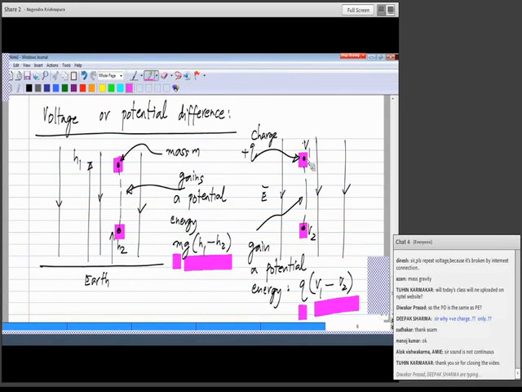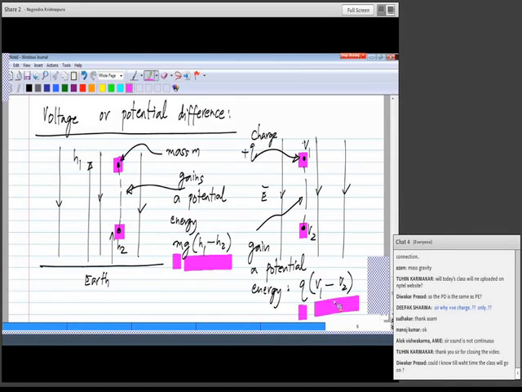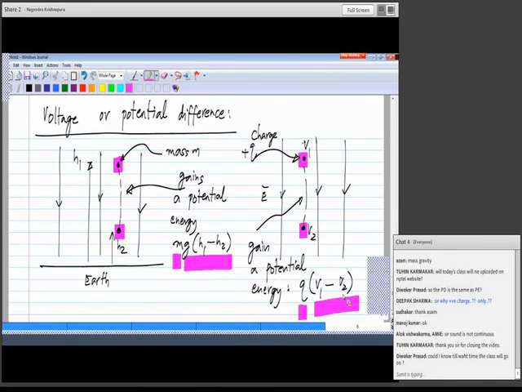Analogously, in an electric field, here I have shown on the right side, electric field pointing downwards. If you place a charge q somewhere, it will fall. That is, it will move in the direction of the electric field. And let's say it falls from one point where I have marked a potential of V1 to another point where I have marked a potential of V2. It gains a potential energy which is q times V1 minus V2.